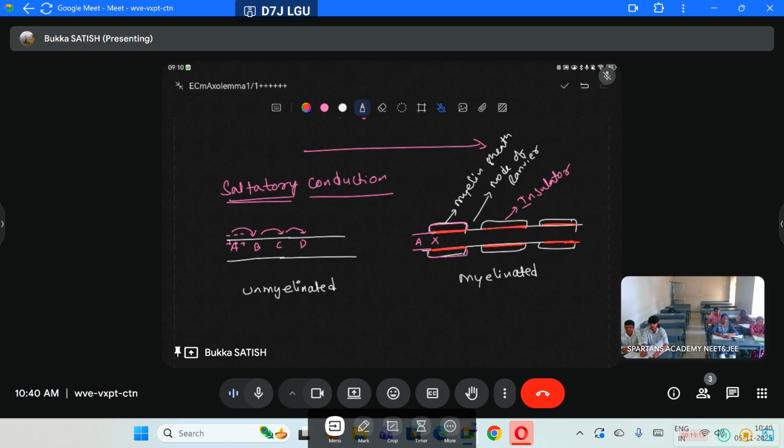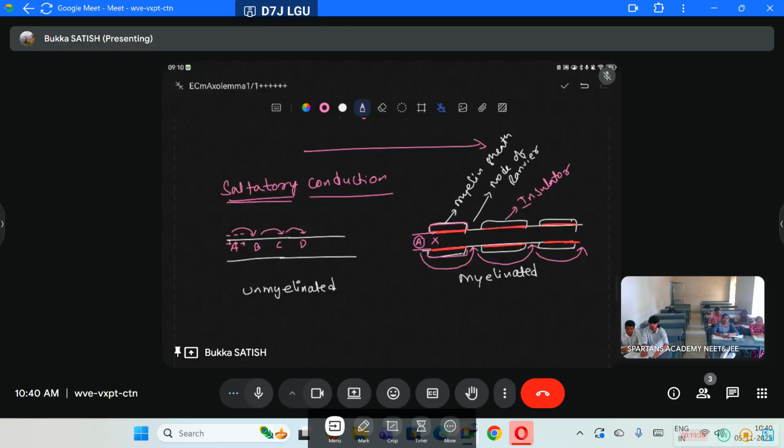Okay. Therefore, if action potential is present at point A, where can it stimulate the next action potential? Here. Got it? From here, this one will act similarly, which means current will be flowing from this point to this point and so on.